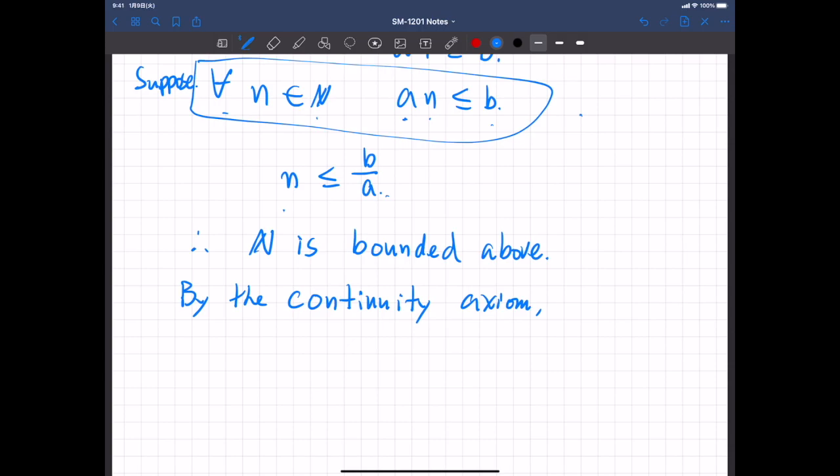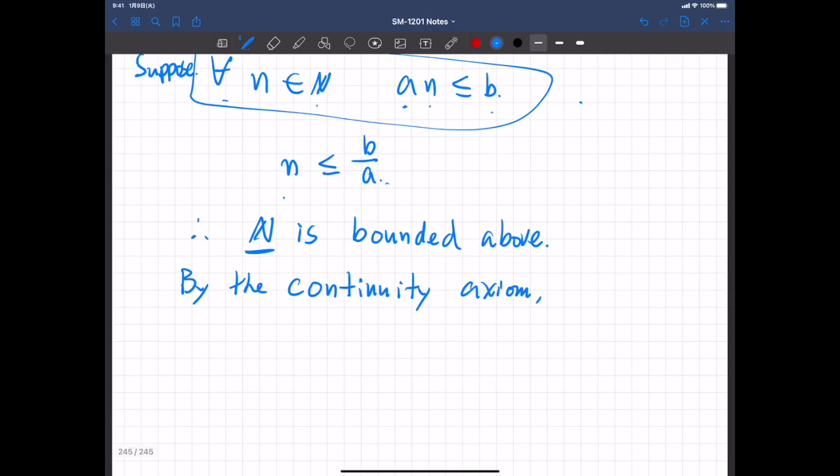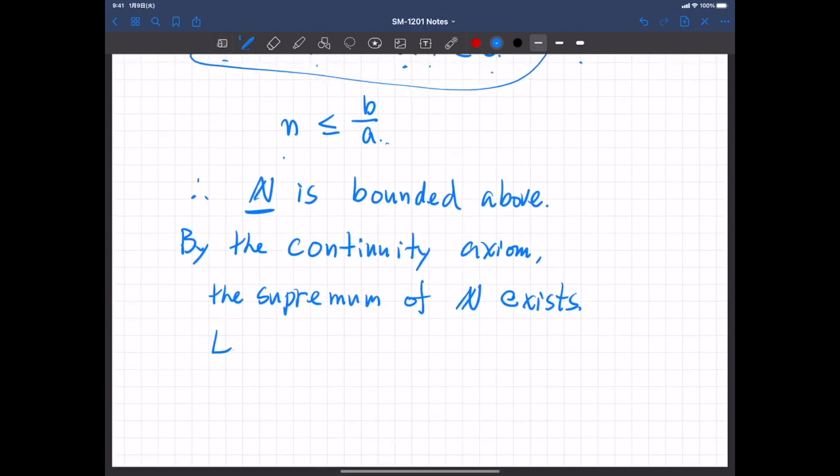The supremum of this set exists. Okay. So the supremum of natural numbers does exist. Okay.